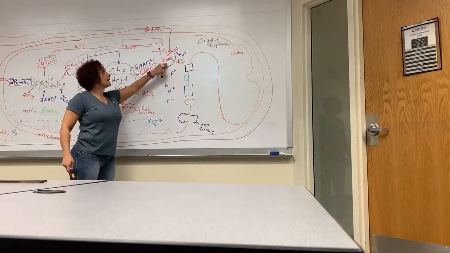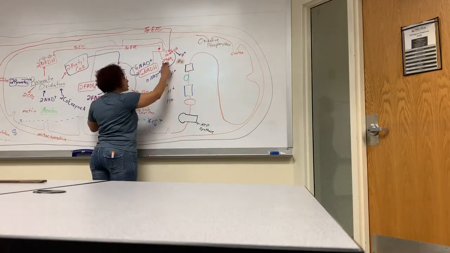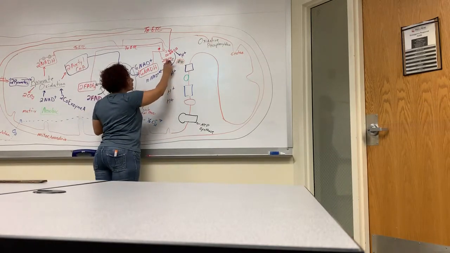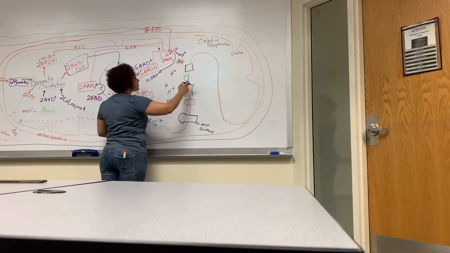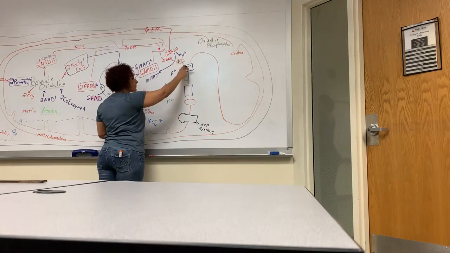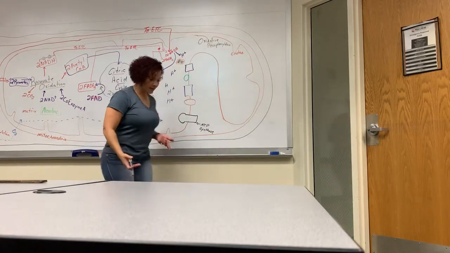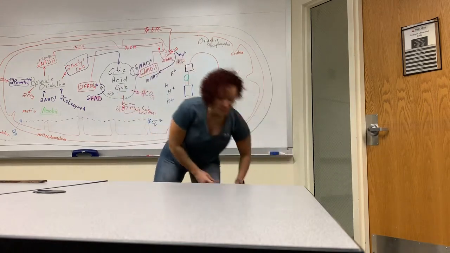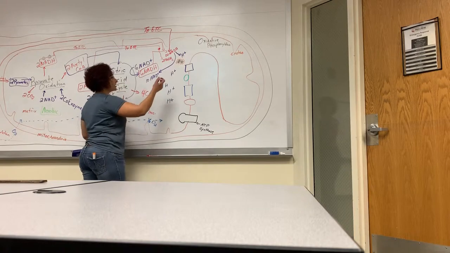Same thing happens with your FADH2, except your FADH2 will not react with this enzyme. It's going to react with enzymatic complex number 2. This is enzymatic complex number 1, this is enzymatic complex number 2. And the reason why is because it's a different molecule, so thereby it needs a different enzyme in order to facilitate a reaction.